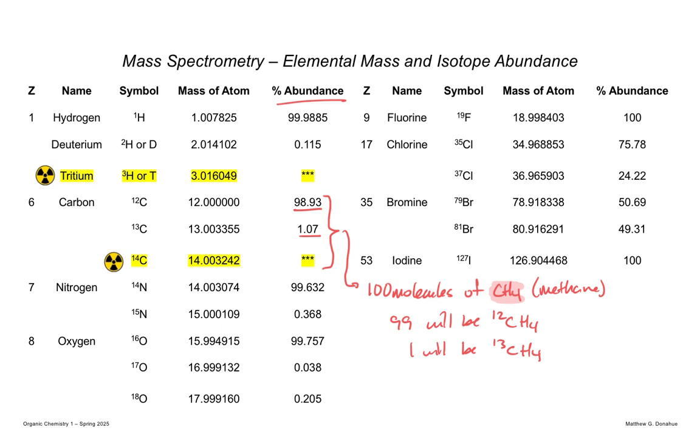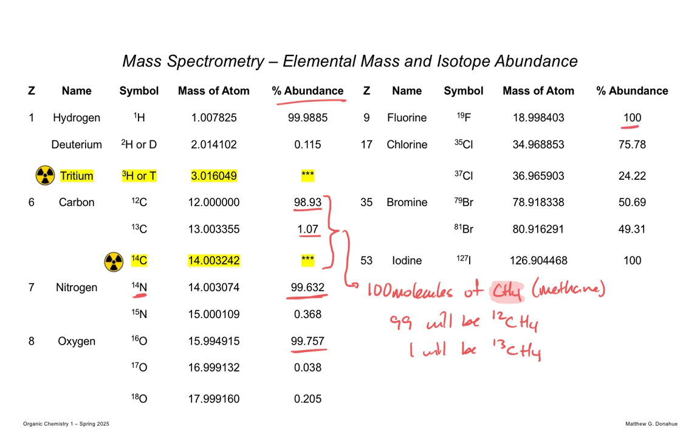Within there, that 1% of all of those molecules is going to have a carbon-13 nucleus. As we look, nitrogen-14 is pretty much 100%. Oxygen, you see three of those labels there. That's also about 100%. The other ones don't rise above the threshold of 1%.